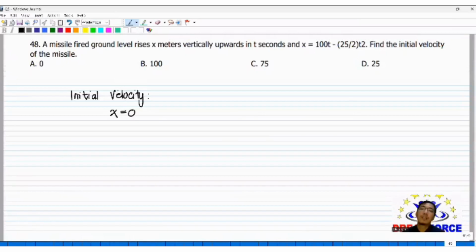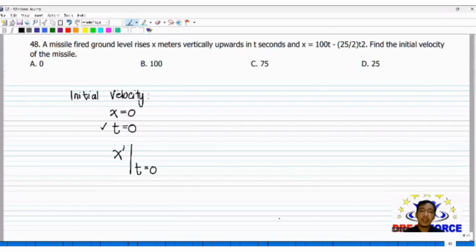So, x is equal to 0. Or pwede rin, ano bang mga condition pa? Initial velocity, ganun din, t, yung time mo is equal to 0. Okay. So, since ang tinatanong is velocity, and given yung x, hanapin na lang natin x prime. Kasi yung x prime is also your velocity. Then, gamitin yung conditions na to. Ito na lang siguro, x prime using your t is equal to 0.